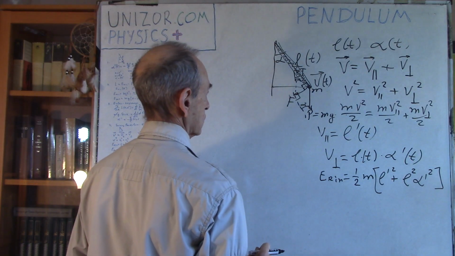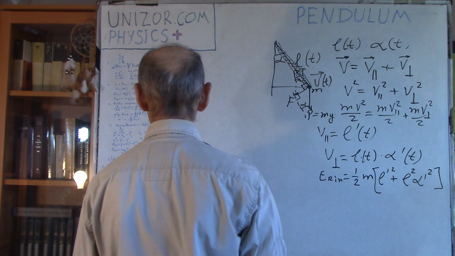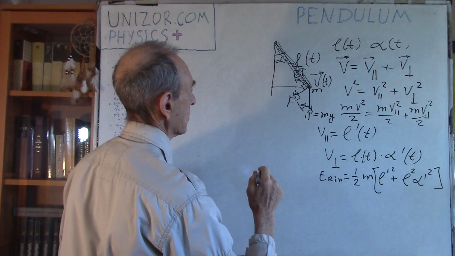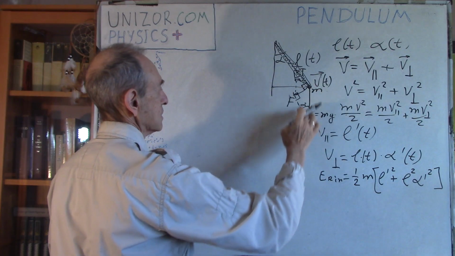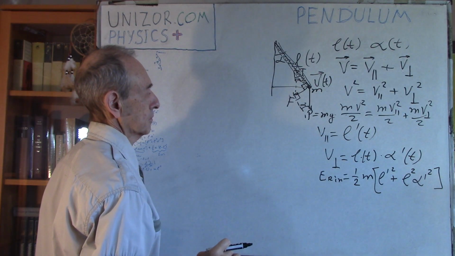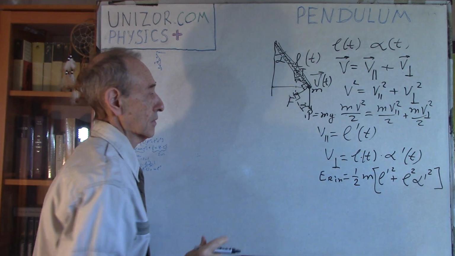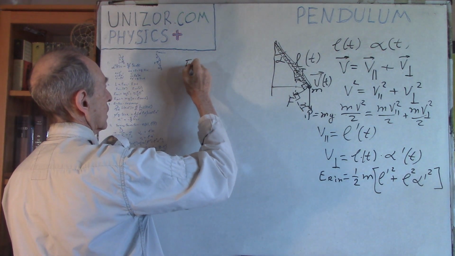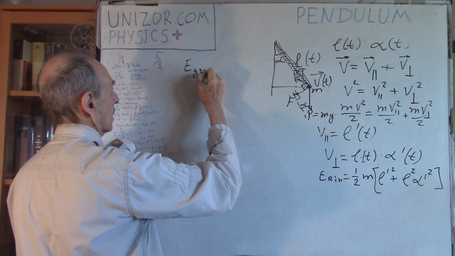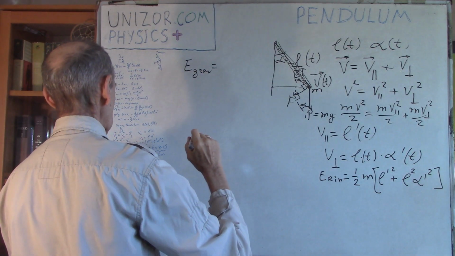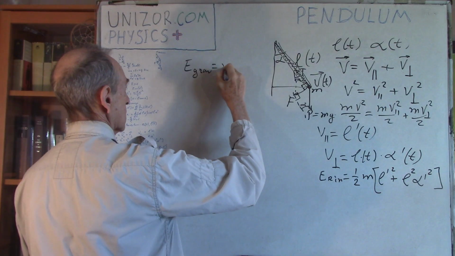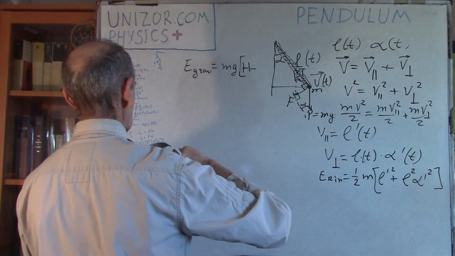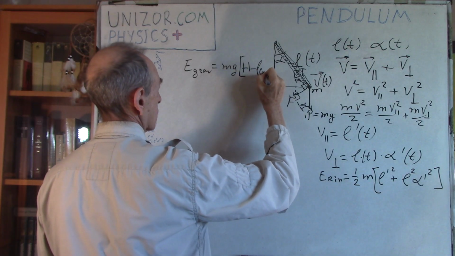Now, potential energy. Potential energy actually is not much different from before if it's related to the gravitational field. So potential energy related to the gravitational field is the same as it was before. So it's mg times h minus L cosine alpha.